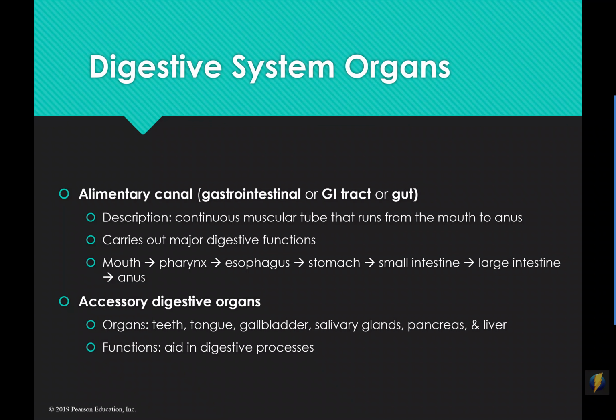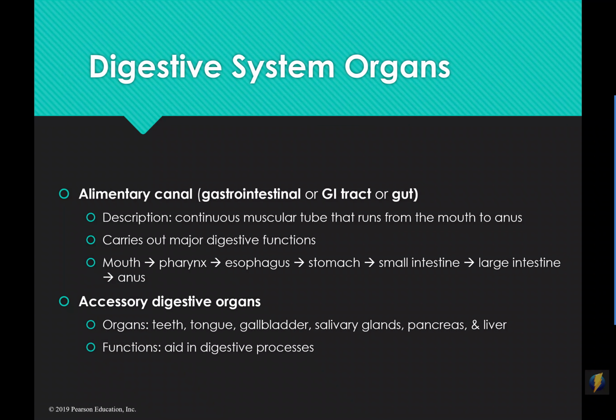So that's where we're going to spend most of our time, talking about the GI tract. But in addition to the GI tract, there are what we call accessory organs of the digestive system. These are things like the teeth, the tongue, your gallbladder and your liver, your salivary glands, your pancreas. And essentially what they do is they help the GI tract do its job.